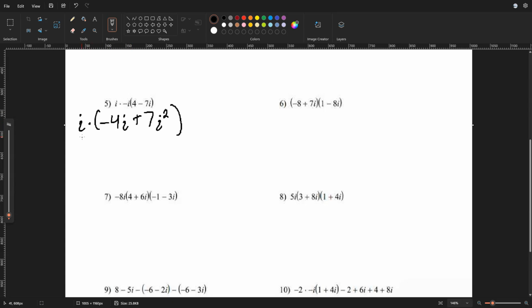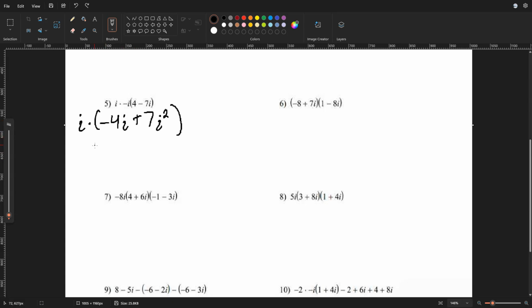Now we can focus on doing our PEMDAS left to right. We've done our parentheses. Since this is next to it, and this cannot be simplified any further because we're dealing with a real number and a complex number, you cannot simplify these two. They're as simple as can be. So we had to multiply this negative i to each of them respectively.